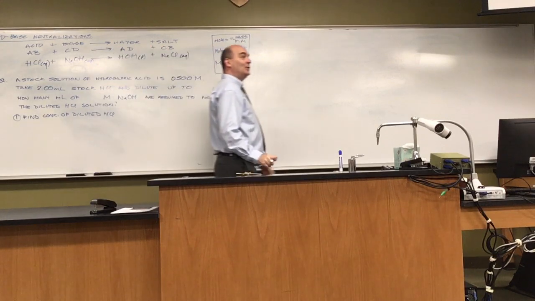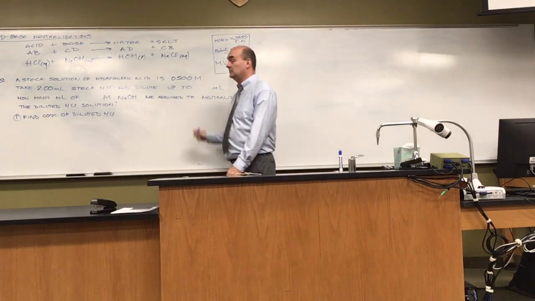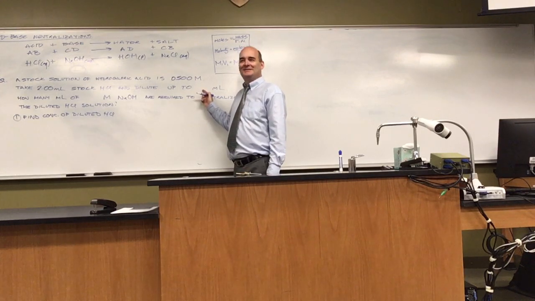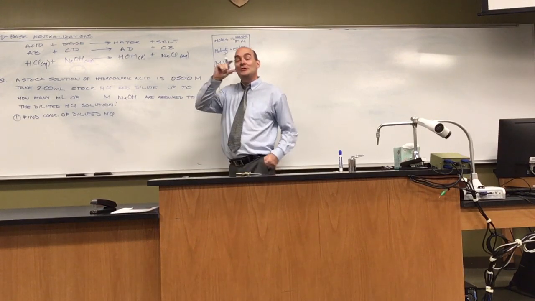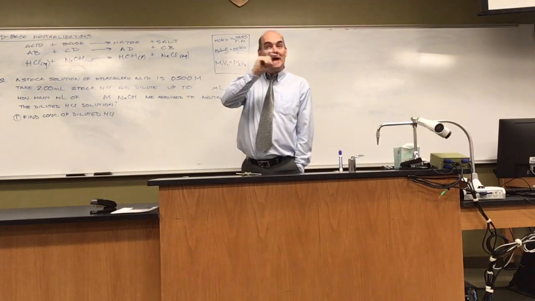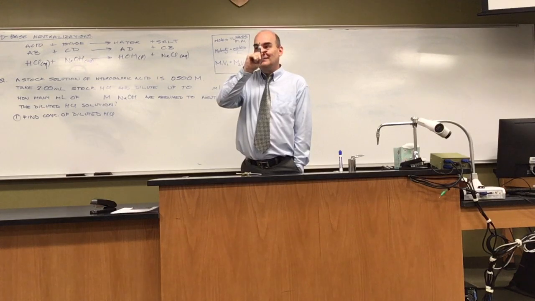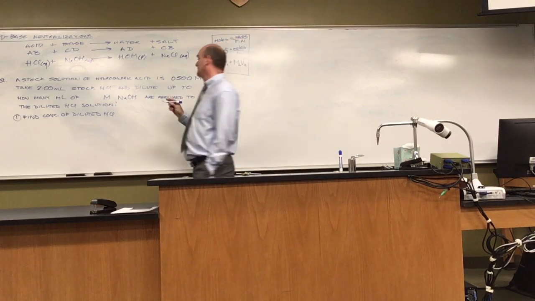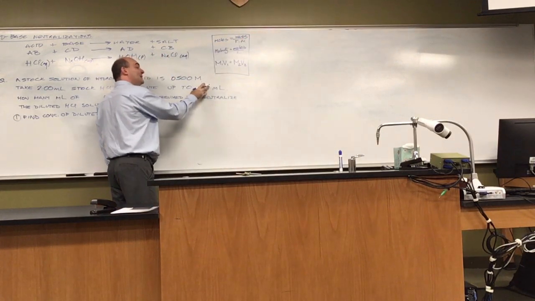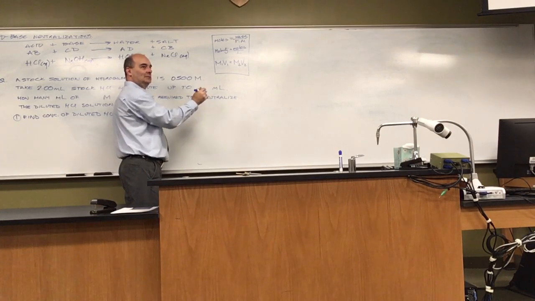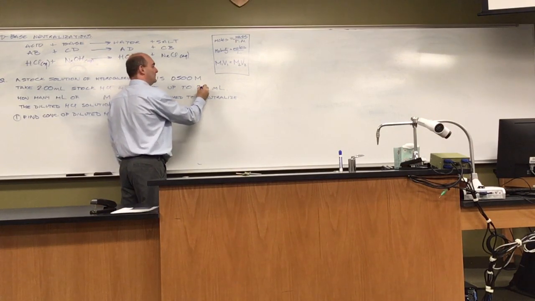And how much are we going to dilute it up to? 4 milliliters. There's no glassware anywhere in this building that says here's the mark where 4 milliliters is. So 10, 25, 50, 100, 125, 250. 25.